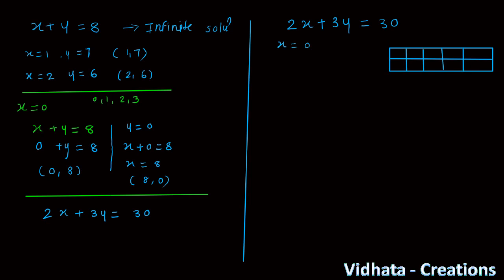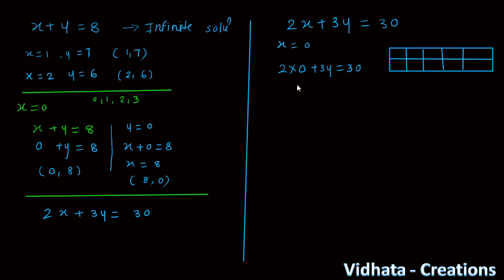First of all, we will take the value of x is equal to 0 and put it in the equation. So our equation is 2 multiplied by x, x meaning 0, plus 3y is equal to 30.